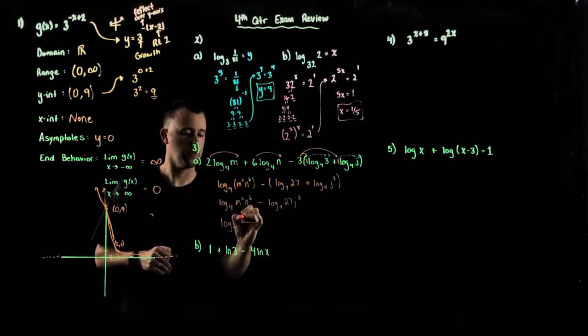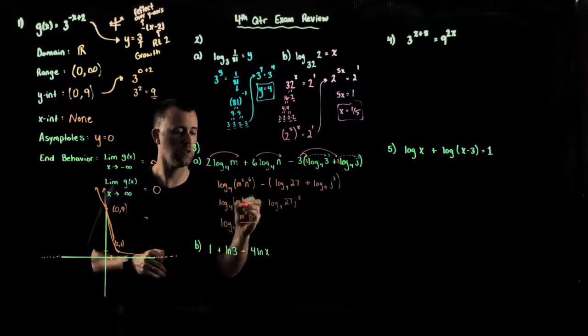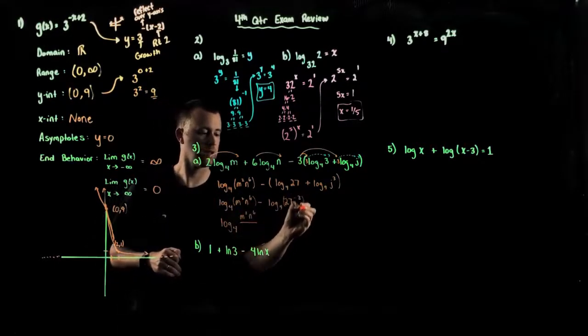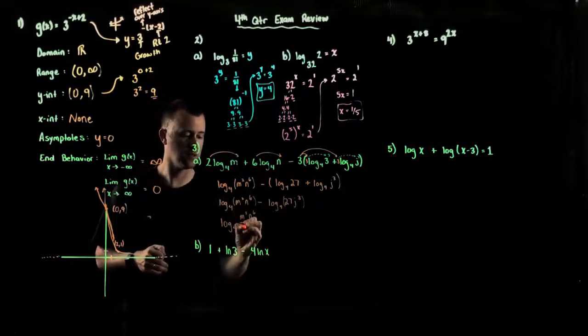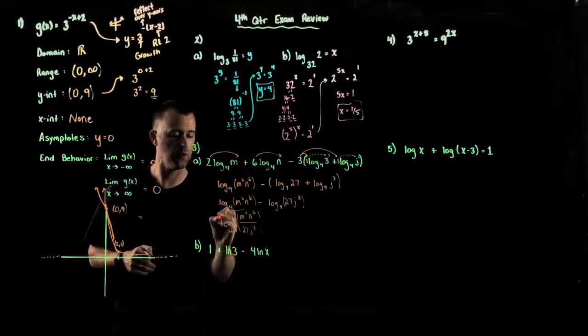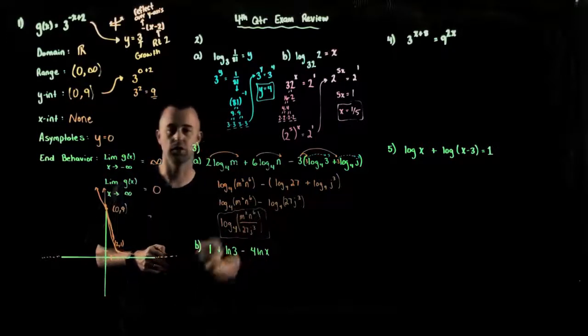So this is going to be m squared n to the 6th on top. That's my first input. Here's my second input, and I'm dividing those 2 inputs. So this divided by this, so that's going to be over 27 j cubed, and that is your condensed logarithm. So that's going to be your answer. There's nothing else to do there.